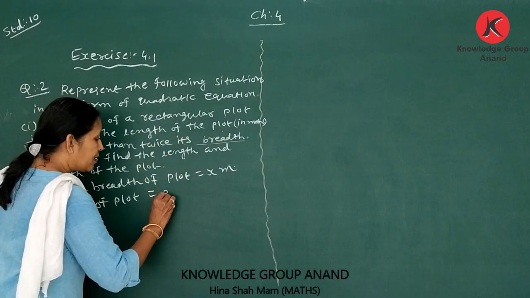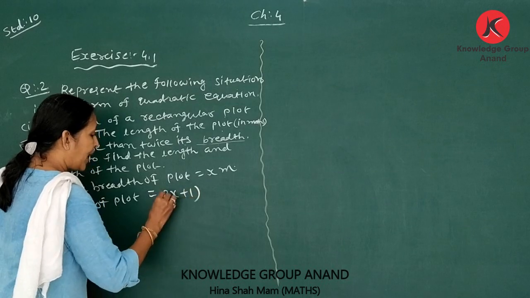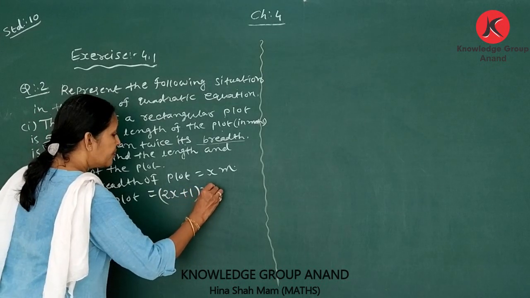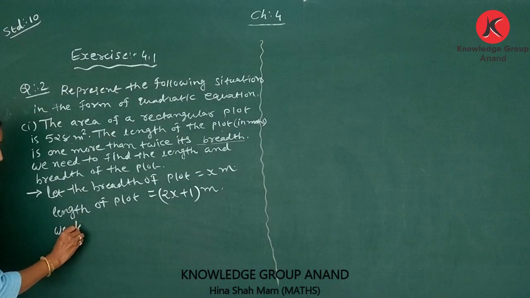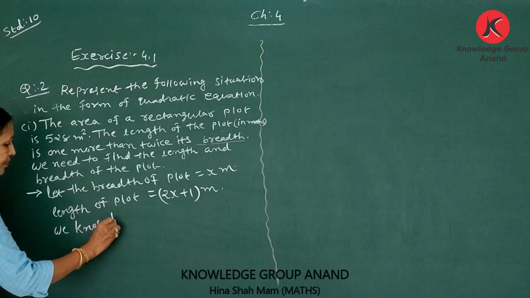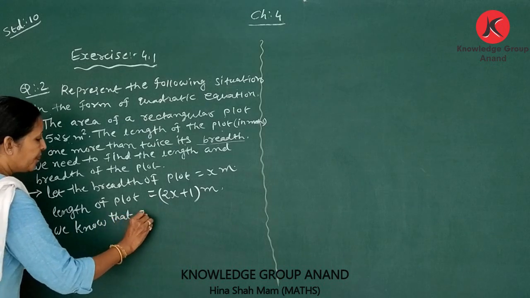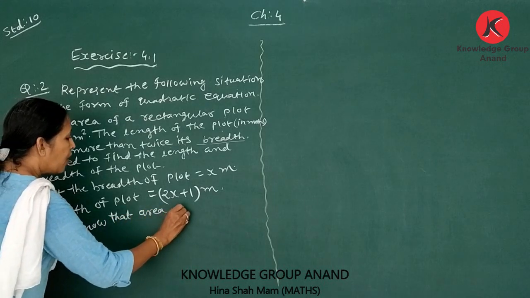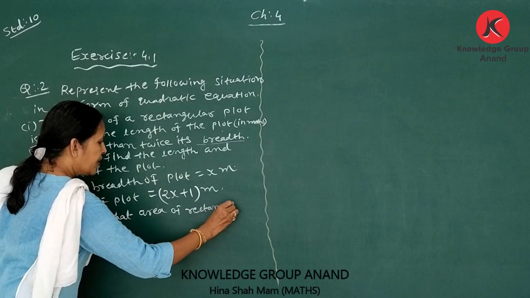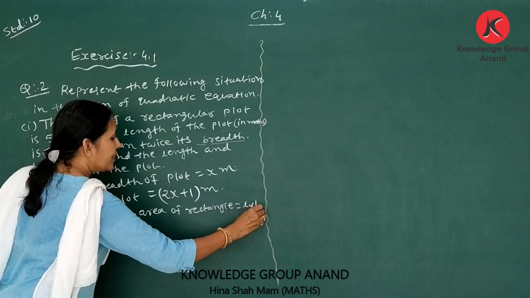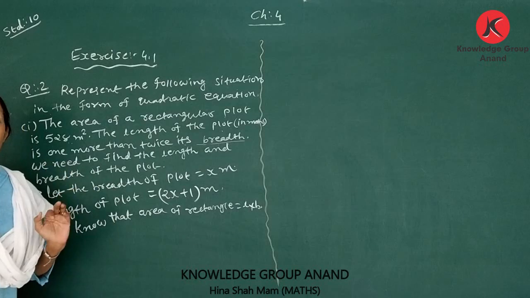Twice its breadth is 2x, and one more is 2x plus 1 meter. We know the area of a rectangle is equal to L into B, that means length into breadth.